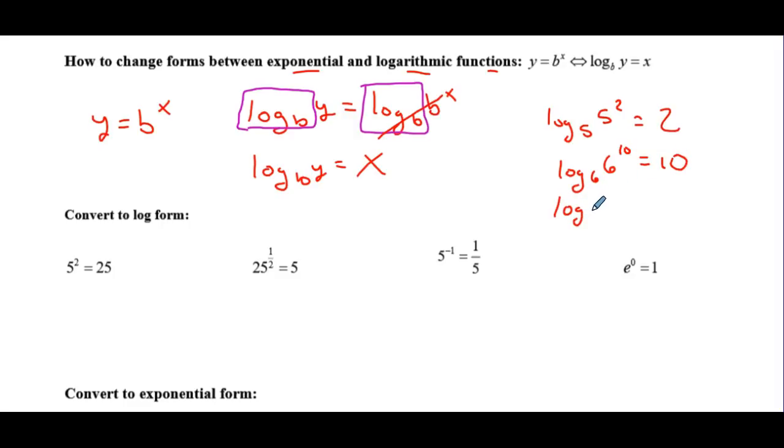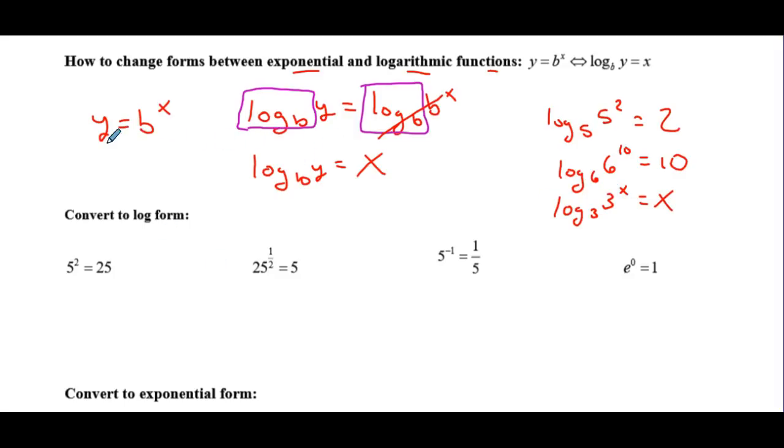Log base 3 of 3 to the x power is x. Anytime you're taking the log of a number that is the same as its base, they just cancel out, they undo each other, and you're left with just the exponent. So that's a powerful property that you have to be able to understand.